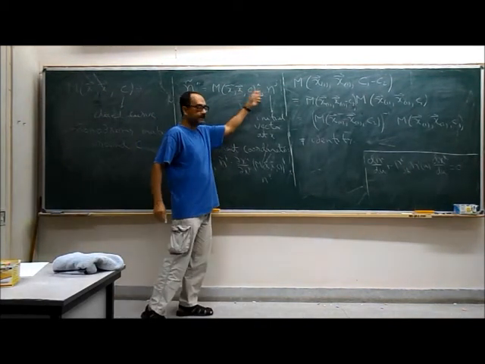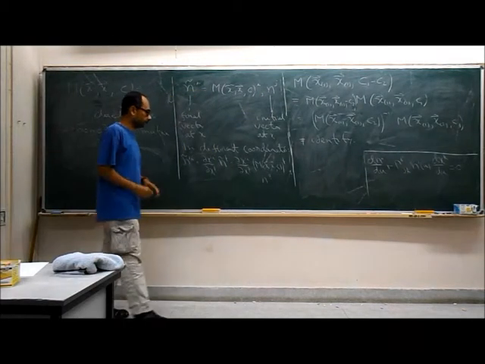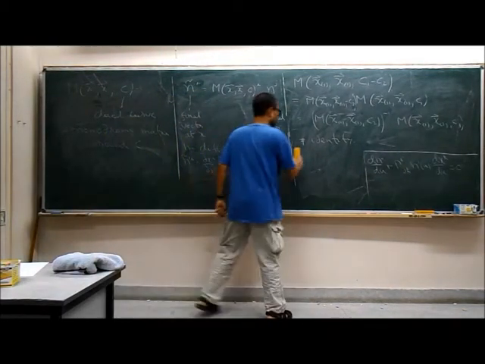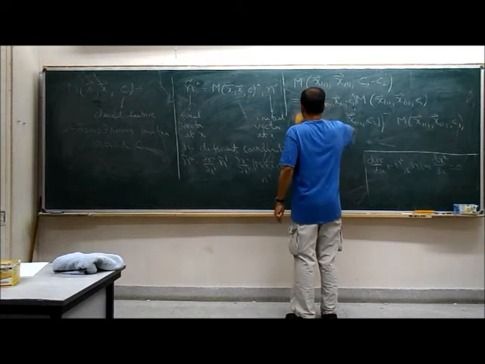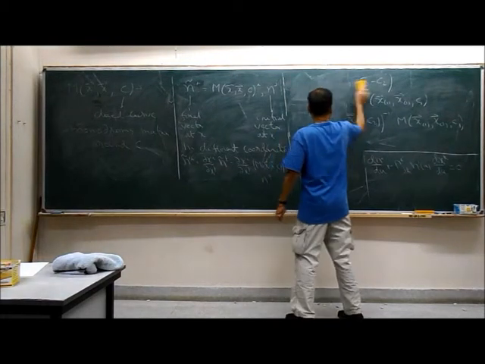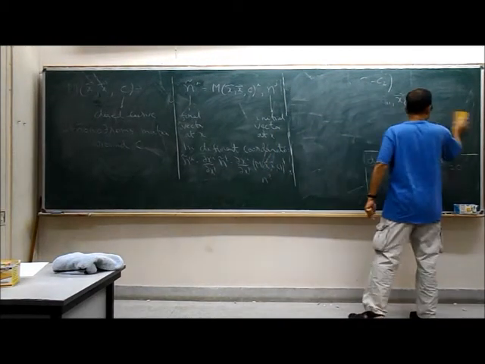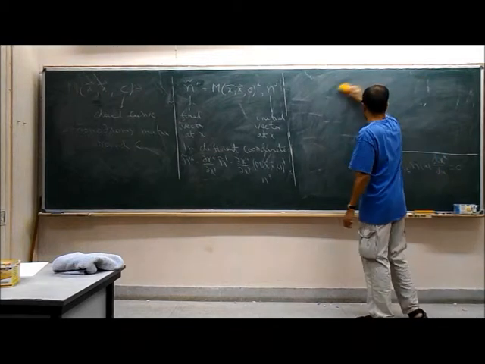I am just using this equation. But we want to express everything in the prime coordinate system, right? So n q is not good enough. We want to write it in terms of n prime.